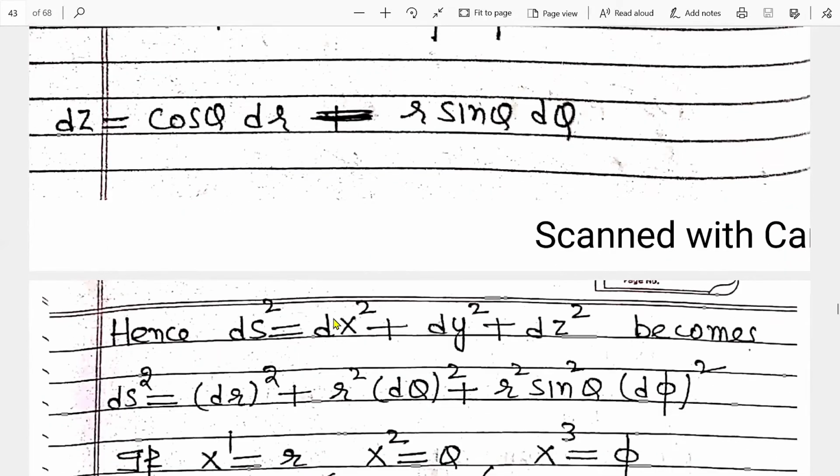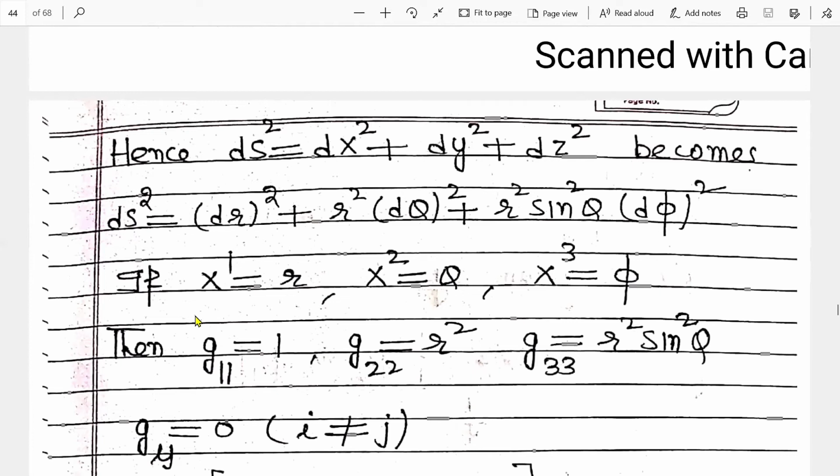Again we substitute the values of dx, dy and dz. On simplification, what do we get? dr square plus r square d theta square plus r square sin square theta d phi square.